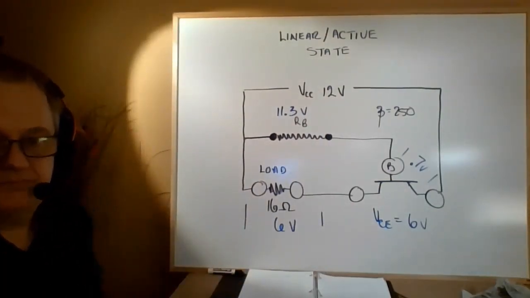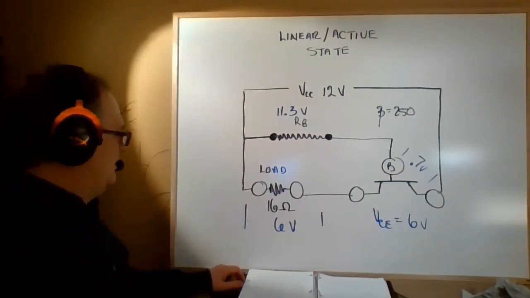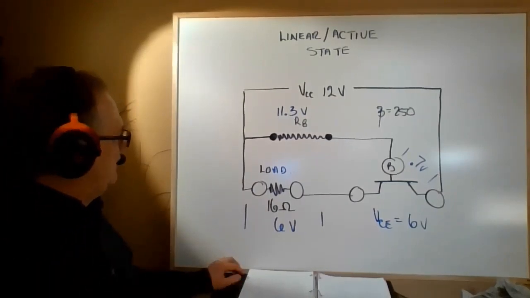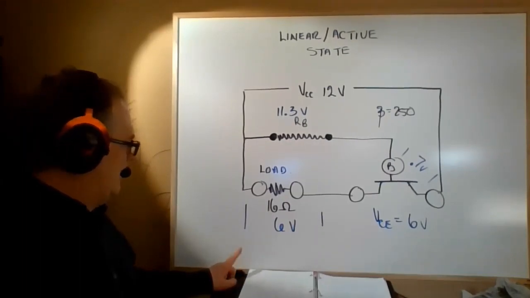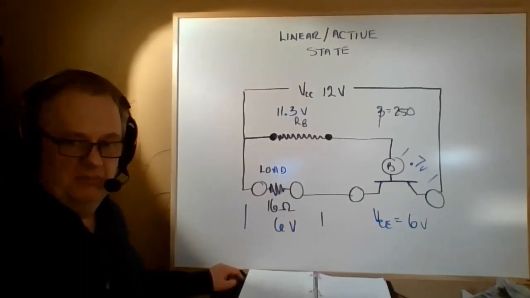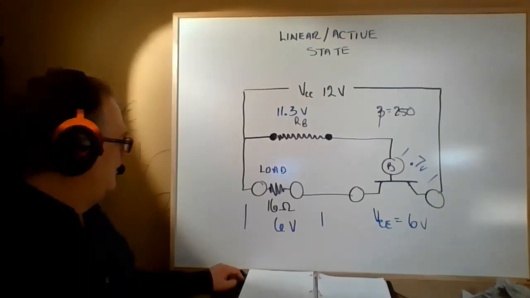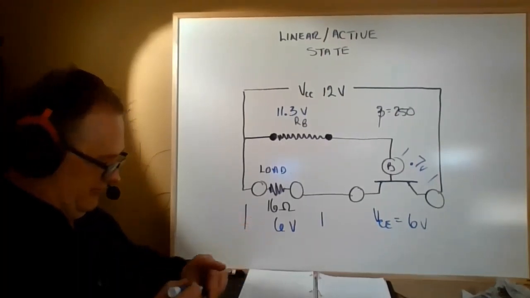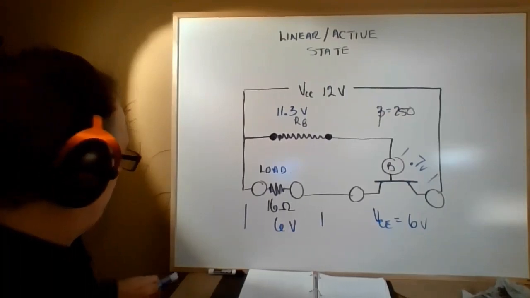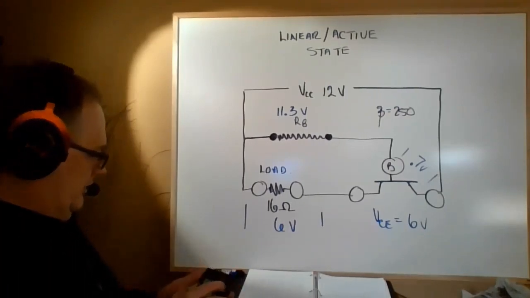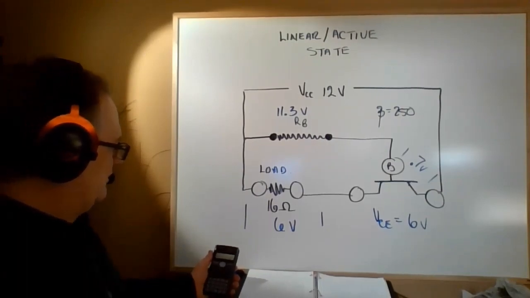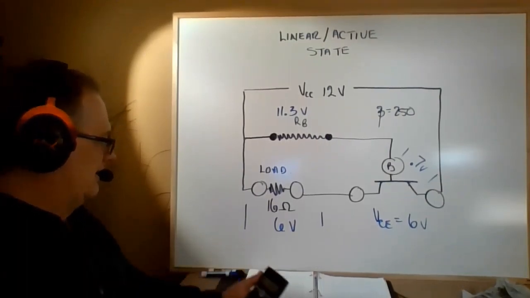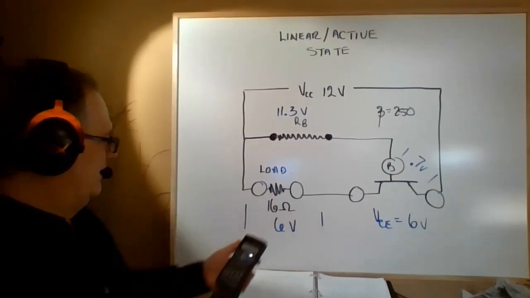Now, let's look at what information we have that we can deduce. The place where we have enough values to do calculations is down here at our 16 ohm load and our 6 volt voltage. What changes is that the voltage goes up and down based on the collector current rising and falling in that load.